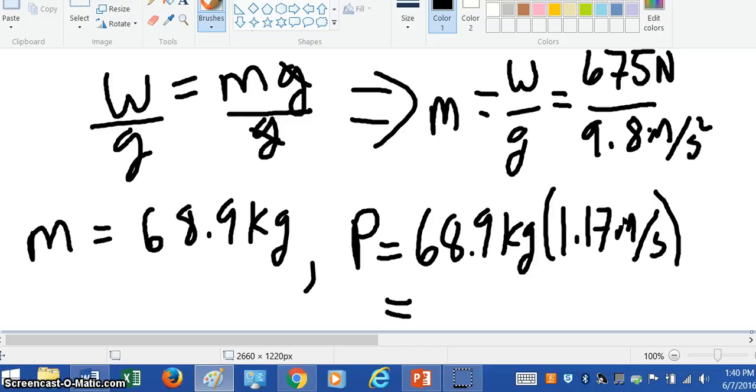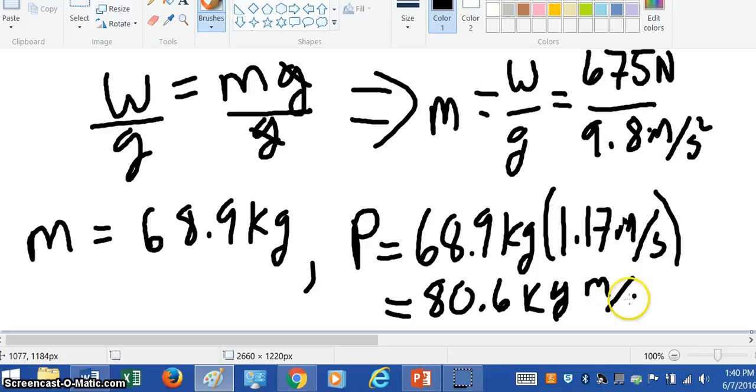When I did the calculation, it turns out to be about 80.6 kilogram meters per second. Those are the proper units. And so there's a momentum problem. I'll do a conservation of momentum next.